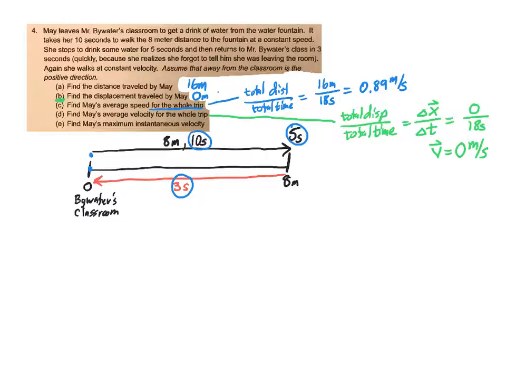Sometimes students find that confusing: but she was moving. Yes, but remember, velocity has a direction with it. The only reason I'm not writing a direction here is because it's 0. 0 doesn't have a direction. You can't say 0 to the right, that's 0 to the left, or 0 up, or 0 down. It's all 0, so it's fine to just say 0.